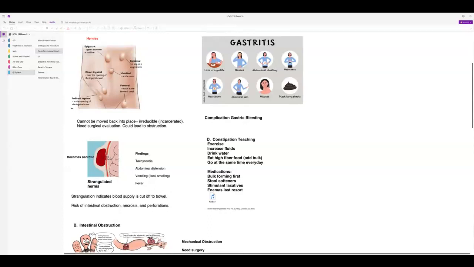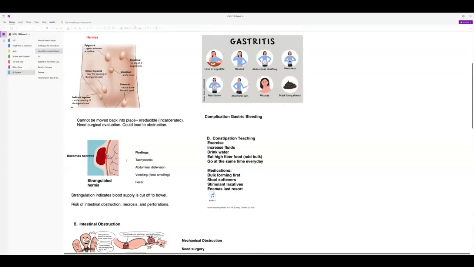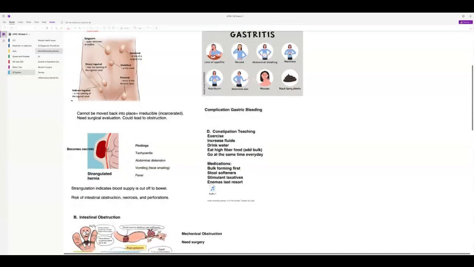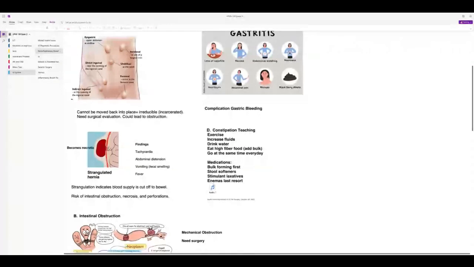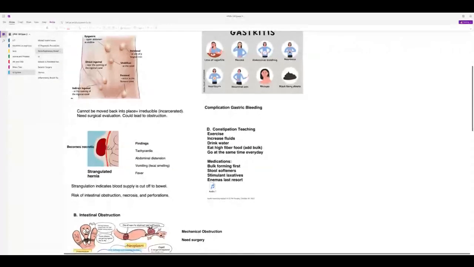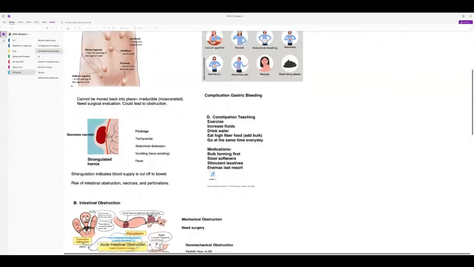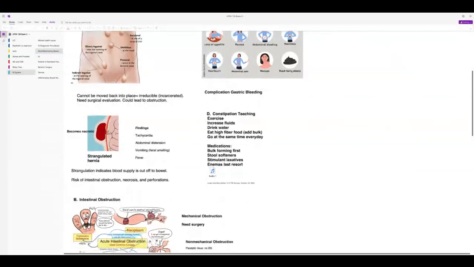So the findings you're going to see are tachycardia, abdominal distension, fecal smelling vomiting, and fever. Somebody has an intestinal obstruction. So with intestinal obstruction, you worry about necrosis and perforation or rupture of the bowel.